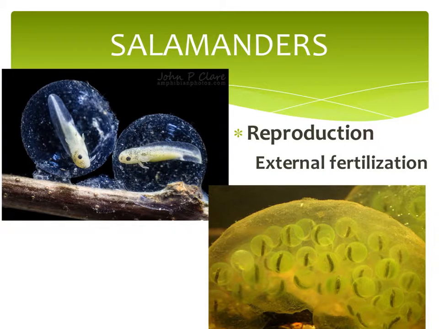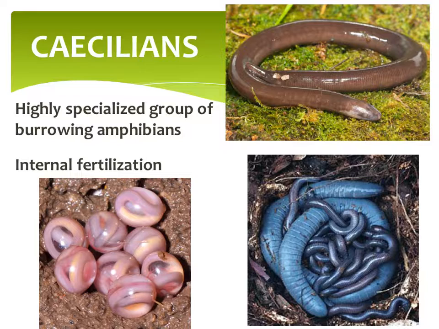You can see here that development, and notice that both of these pictures are pictures of salamander eggs in water. One characteristic of amphibians is that they need a water source for reproduction. The second group are the caecilians, and these are a unique group of amphibians because they do not have legs, and they are a burrowing amphibian.